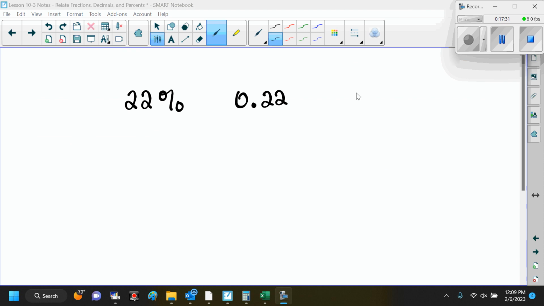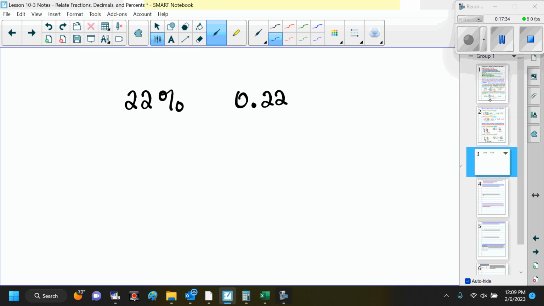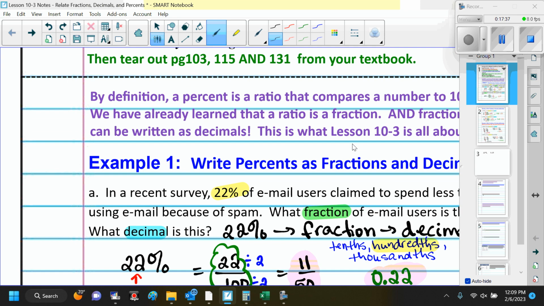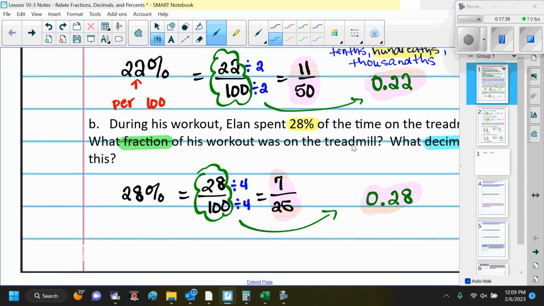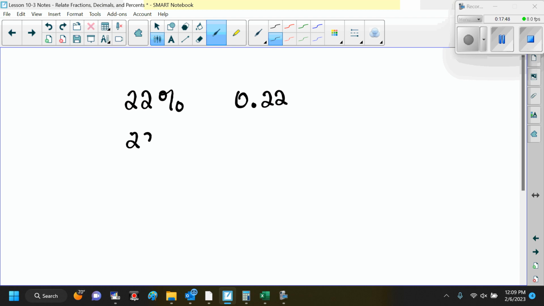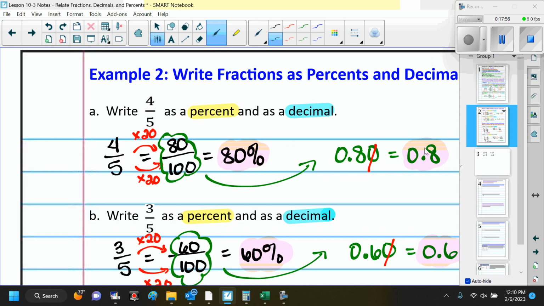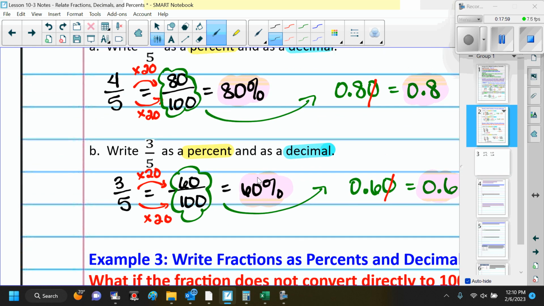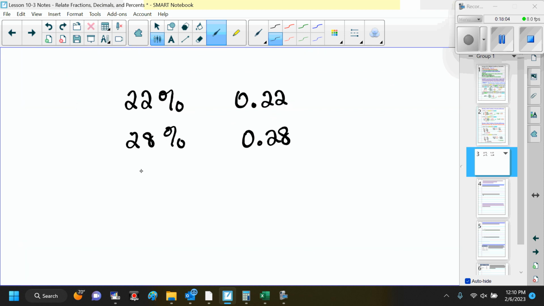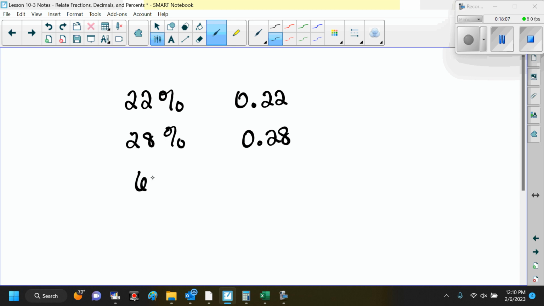So we're writing down percents and decimals that we got from the lecture. If I go down here, there's another one. This is 28%. And the decimal is what? 0.28. So this is 28%, and the decimal was 0.28. Is everyone with me? Let's go to this page. Here we have 60%, and the decimal was 0.6.